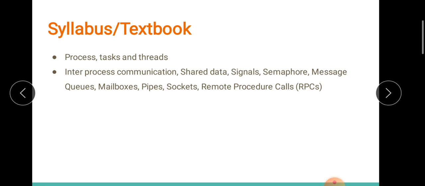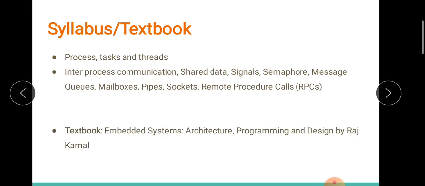So we shall see what inter-process communication is, and what the various elements related to inter-process communication are. We call inter-process communication IPC. So what are the various other terms related to IPC? Basically for this module I have referred to the textbook Embedded Systems: Architecture, Programming and Design by Raj Kamal.